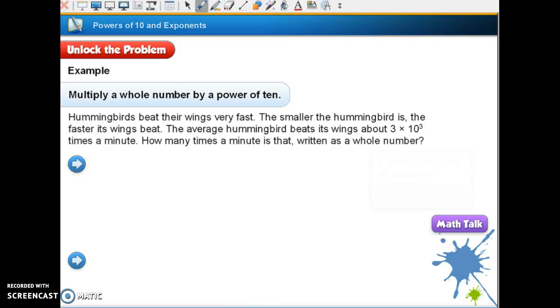Sorry, when I grew up we said 10 to the 3rd power. Now they want me to say the 3rd power of 10. So how many times a minute is that written as a whole number?